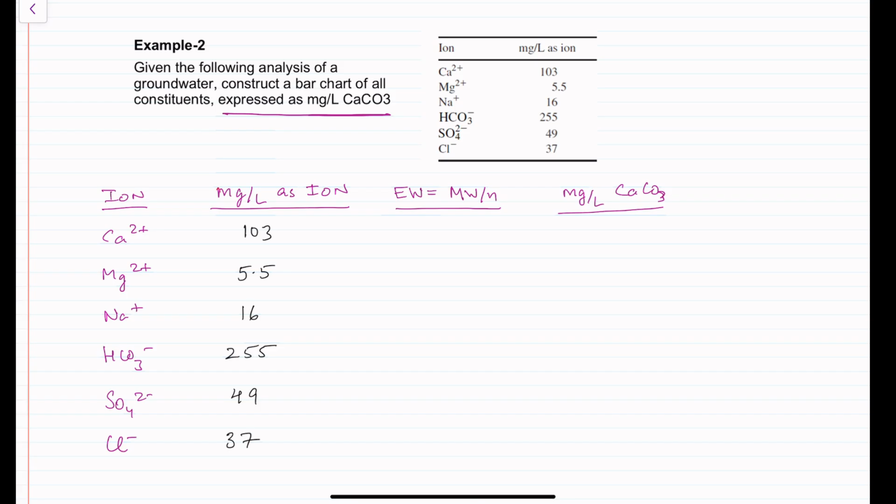Now if we write the equivalent weights of these, for calcium the equivalent weight is 40 divided by 2, which is 20 gram per equivalent. For magnesium it's 24 by 2. For sodium it is just 23 over 1.